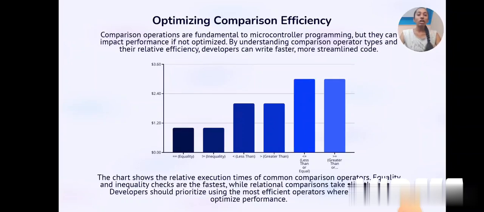The above chart shows the relative execution time of common comparison operators. Equality and inequality checks are the fastest, while relational comparison takes slightly longer. Developers should prioritize using the most efficient operators where possible to optimize performance.